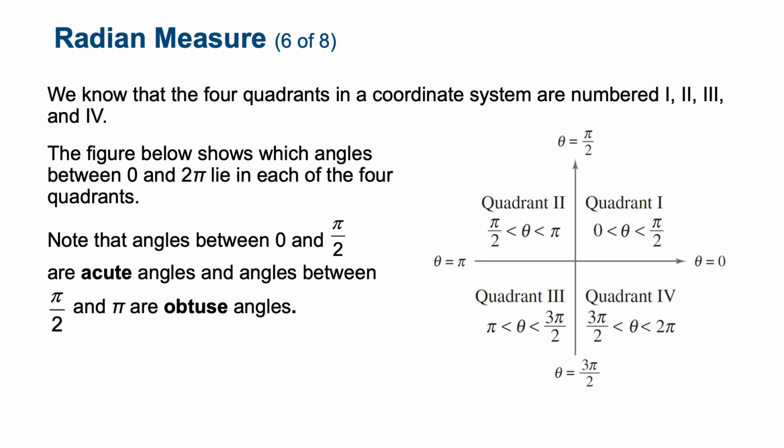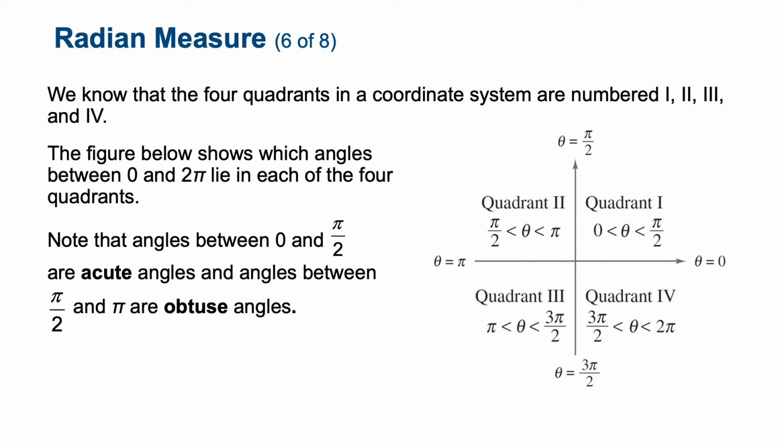So remember from before, we know the 4 quadrants are numbered 1, 2, 3, and 4. Quadrant 1, which is from 0 to 90 degrees, the angle measurement in radians goes from 0 to pi over 2. An angle is in quadrant 2 if the measurement of the angle is from pi over 2 to pi.